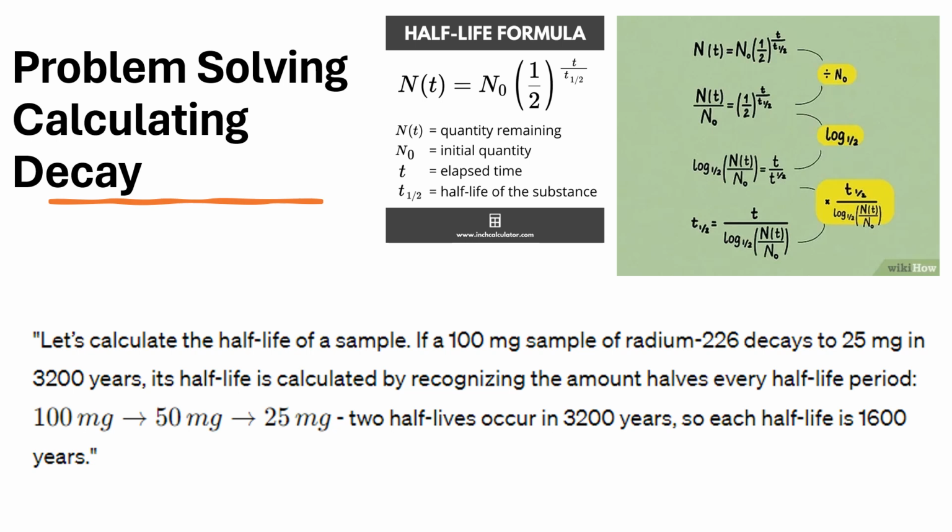You can try to imagine it using your brain. 100 milligrams, the first half-life will produce 50 milligrams and the second half-life would be 25 milligrams. So actually in this particular problem, you can say that two half-lives occur in 3,200 years and one half-life is equivalent to 1,600 years.